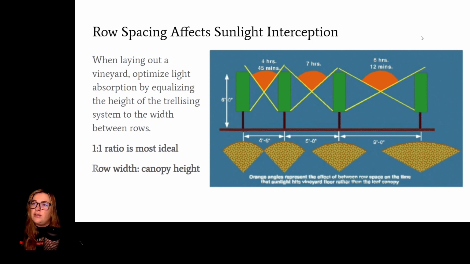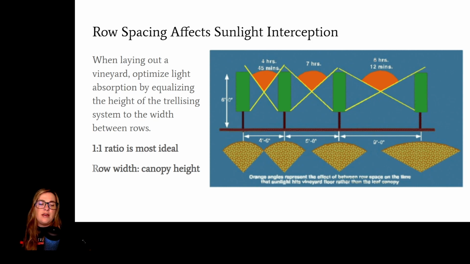Awesome. Another thing to consider when you space your vines is your first inkling might be to put as many vines as you can into one spot to maximize your production and grow as much fruit as possible. Well, that's good in theory.